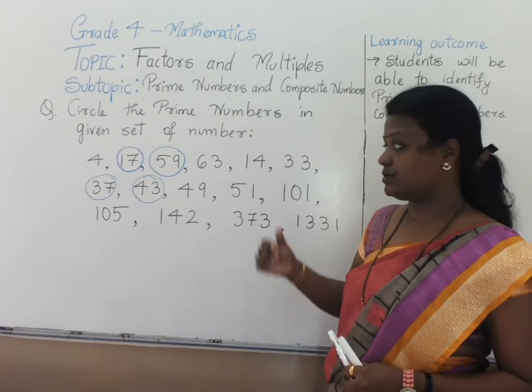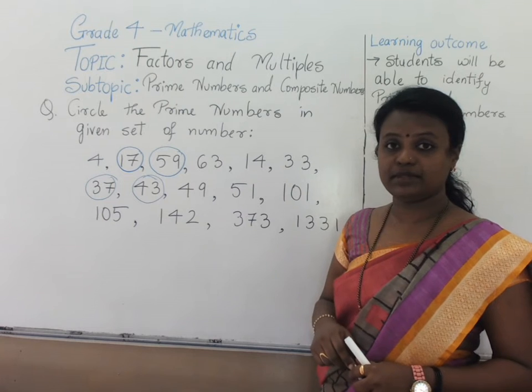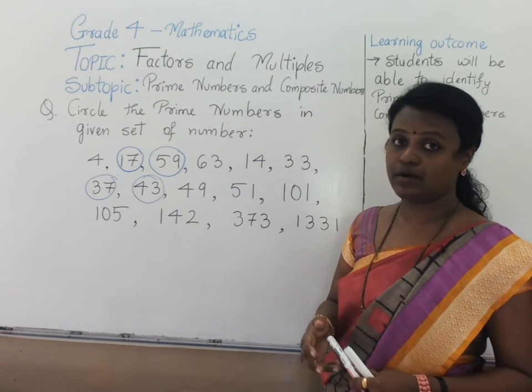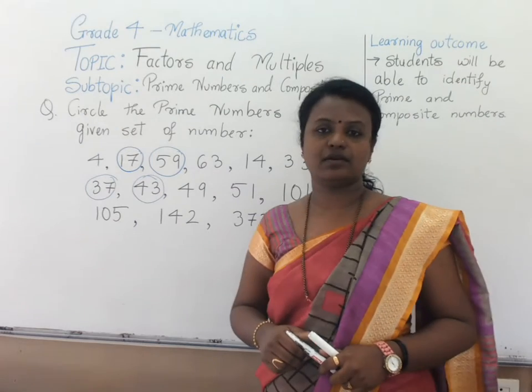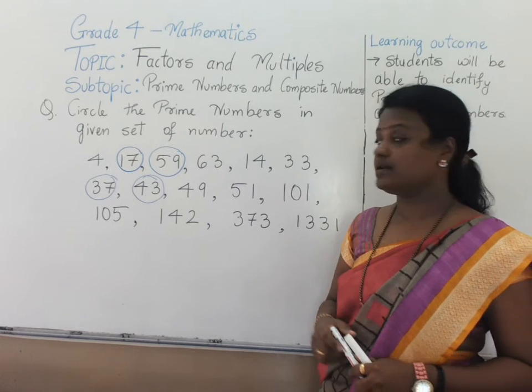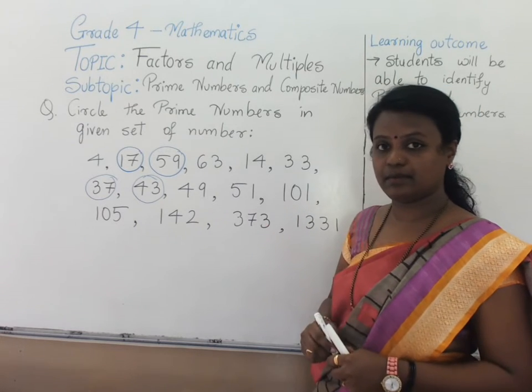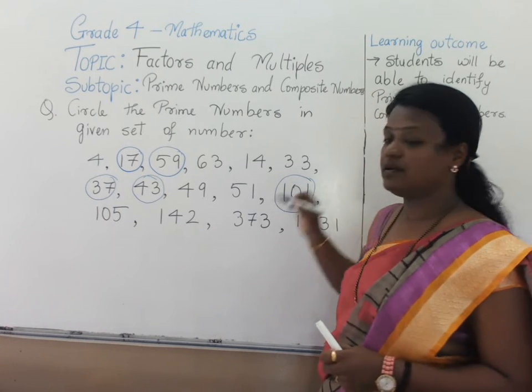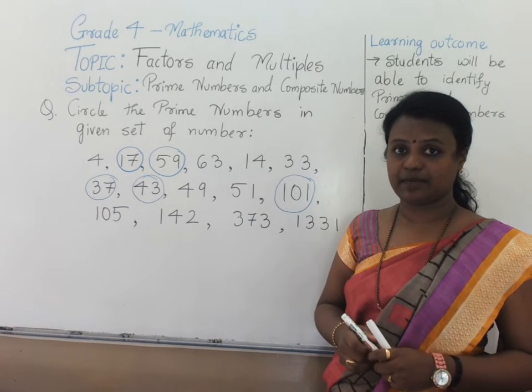Observing the number, you could make out it is an odd number. There may be a possibility it is prime or not. You can divide across all the possibilities. You come across that this is a prime number. So we shall circle 101.